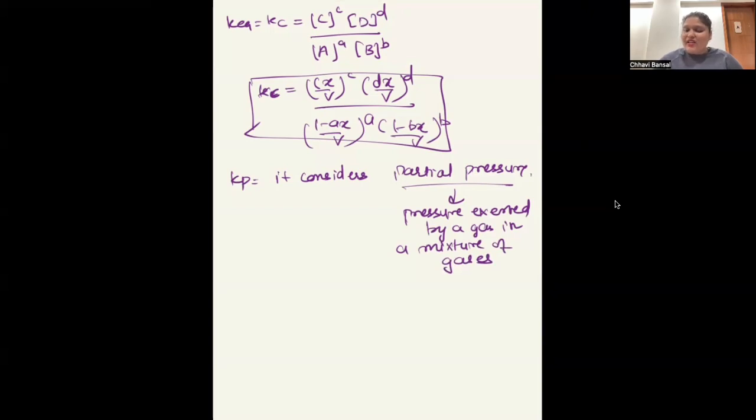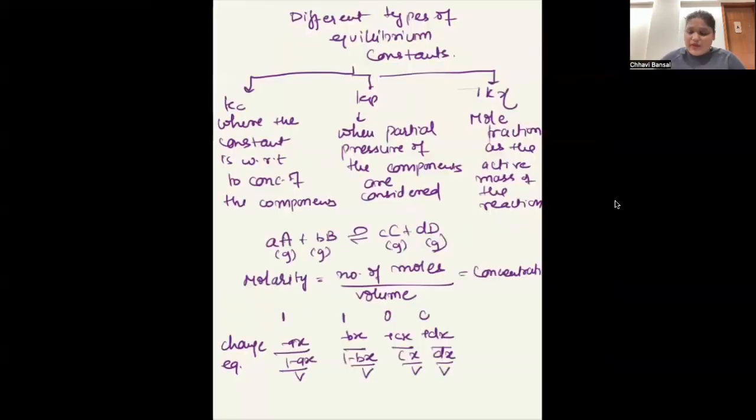By seeing the definition of partial pressure, we can say that Kp can be expressed only if at least one component of the reaction is in the gaseous phase. If none of the components is in the gaseous phase, we will not be able to find out the value of Kp. Clear?